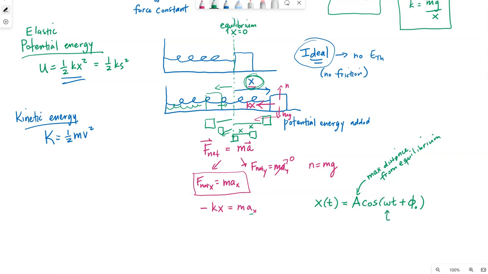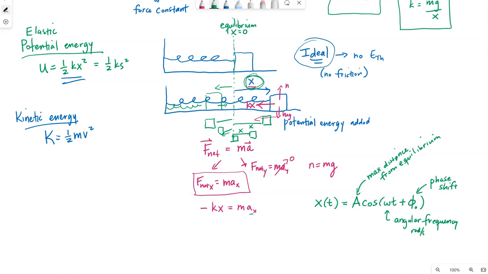Omega is the angular frequency, so the number of radians per second, the oscillation rate of this mass on the spring. Phi naught is a phase shift to make sure our equation is satisfying the initial conditions that we have.